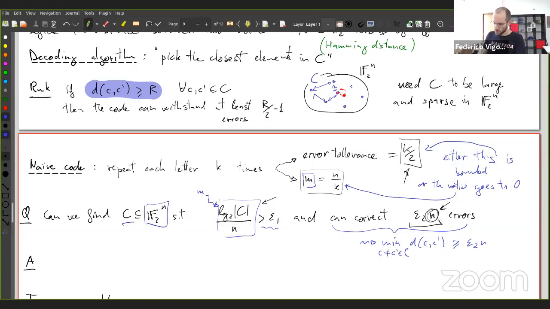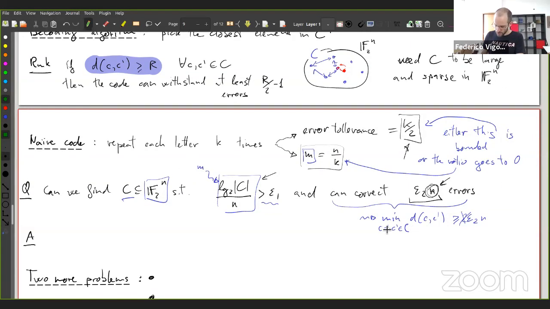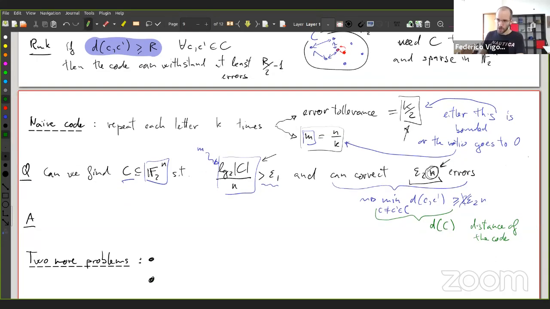Well, it should be twice, but let me ignore the 2. And also let me call this minimum just d of C, that is the distance of the code. That is, repeating again, we're asking whether we can find a code that is linearly large and that has linear distance. And the code will depend on n.